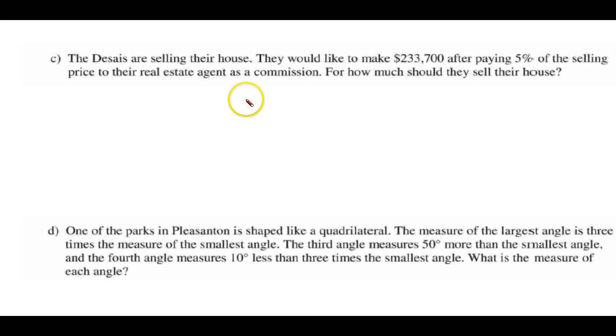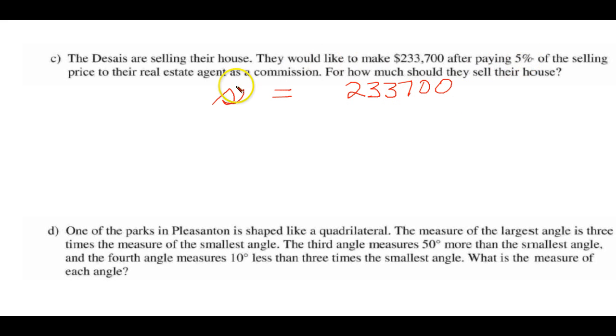Let's see if we can do a better job here. So they're going to sell their house for a certain amount of money. Let's call that amount of money the sales price, S. Now, when they take the 5% commission out, they're going to end up with this much money. So, what percent of the selling price is this?